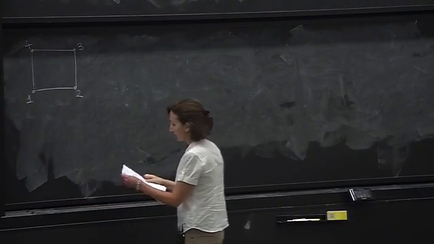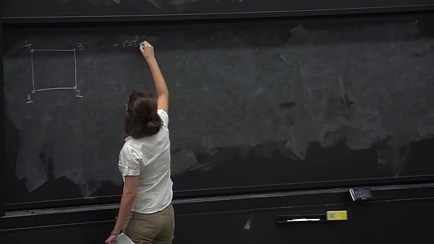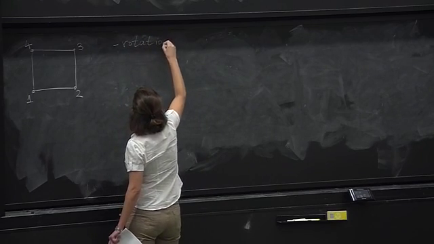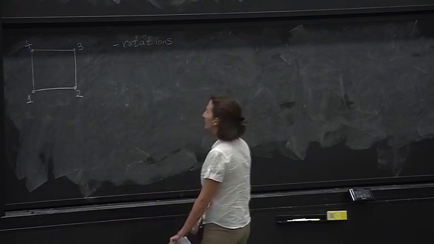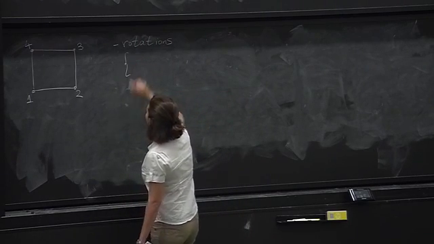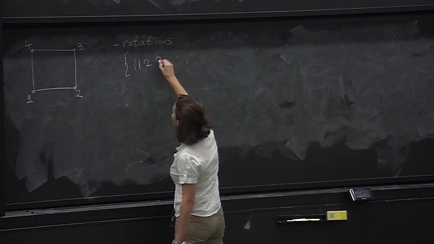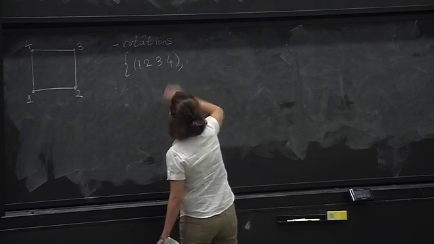One, two, three, 4. Rotations in this case will give me these elements. 1 going to 2, 2 going to 3, and 3 going to 4.